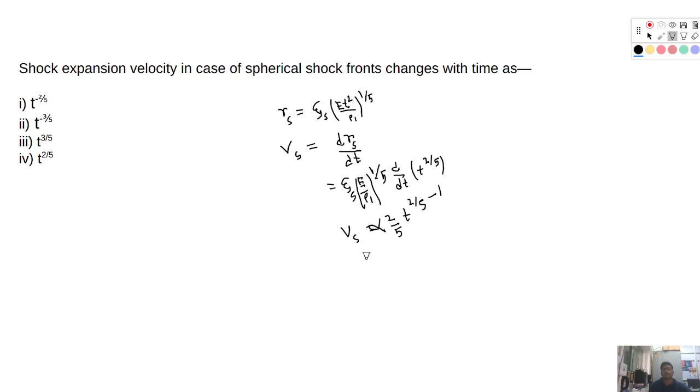Okay, so therefore Vs is proportional to t to the power minus 3 by 5. Okay, fine. So the answer, and therefore this one is also correct answer, t to the power minus 3 by 5.